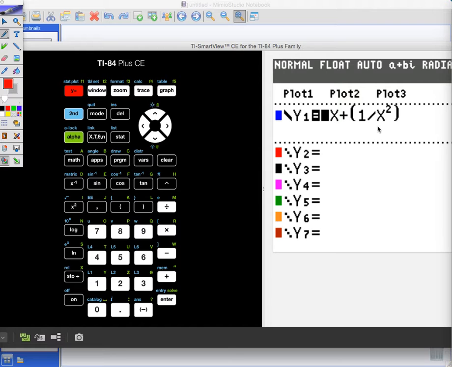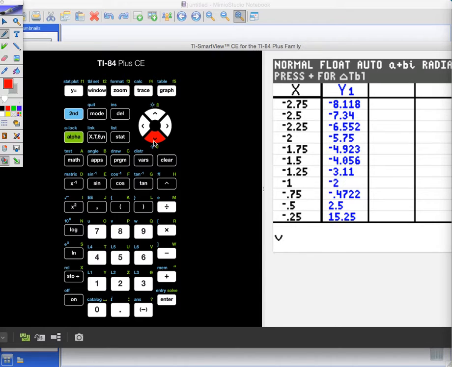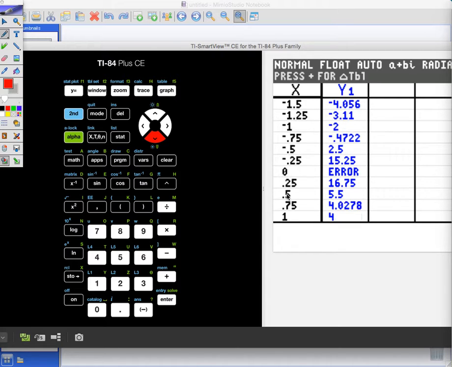You could do this on a Desmos grapher as well, and then check that table to see those corresponding values. I'm going to scroll down to some positive table values here.